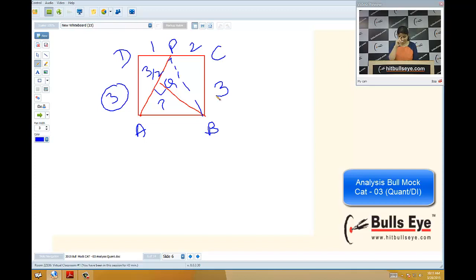Now, first of all, we can calculate AP. AP will be nothing but the square root of 3 squared plus 1 squared, that is √10. I'm using Pythagoras here. We have calculated AP, and we want to calculate ABQ's area.